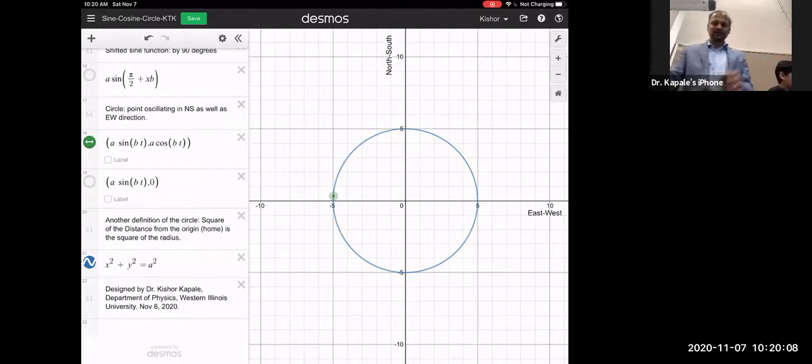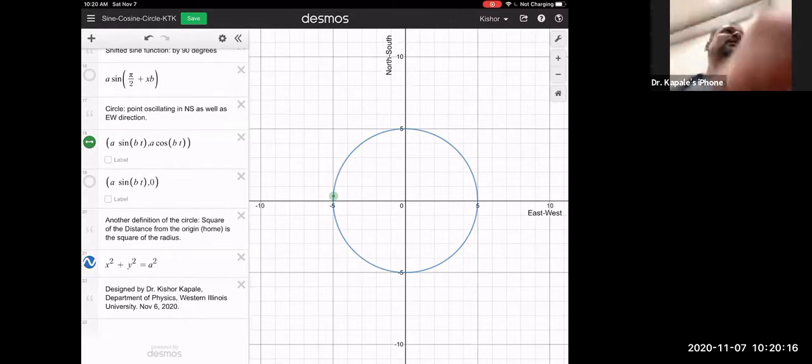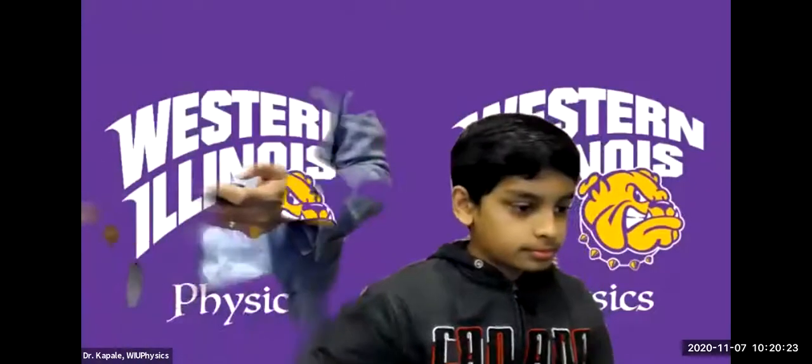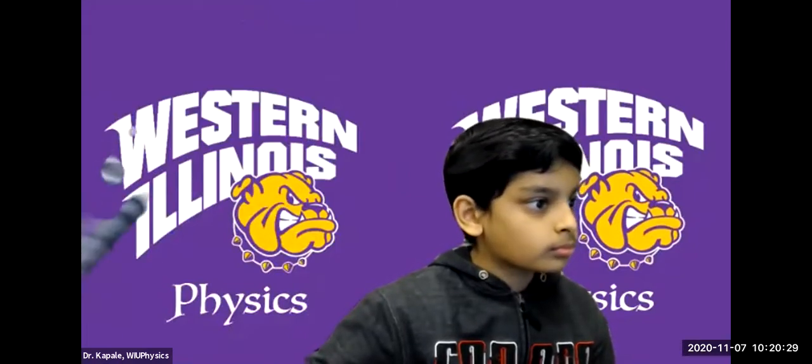change gears here a little bit and come back to the PowerPoint slide, because I want to take these two perpendicular motions a little further.